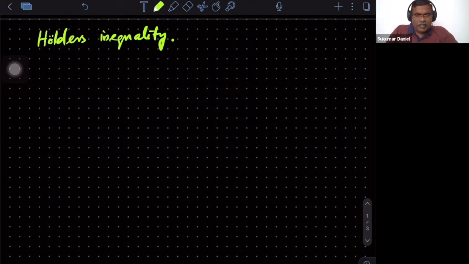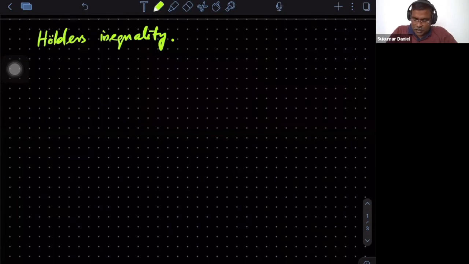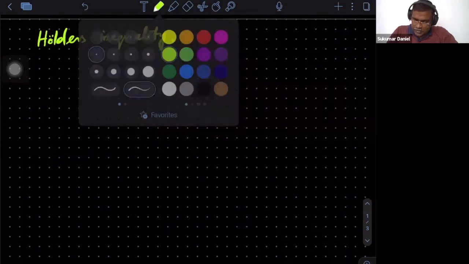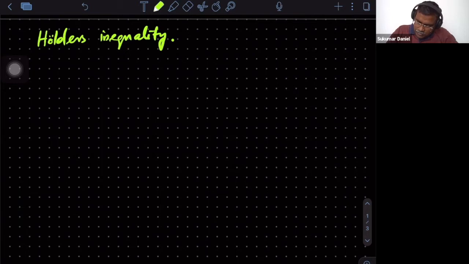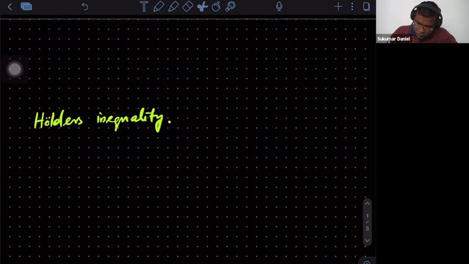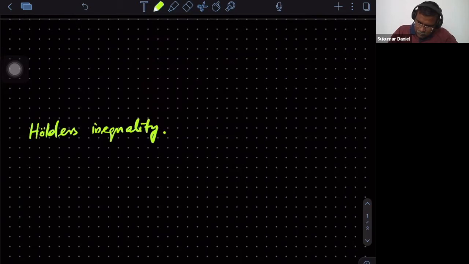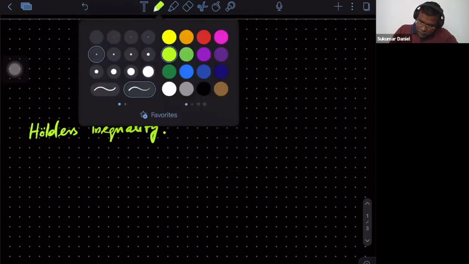Before going into Hölder's inequality, let us write certain definitions. Now I want to define using this.